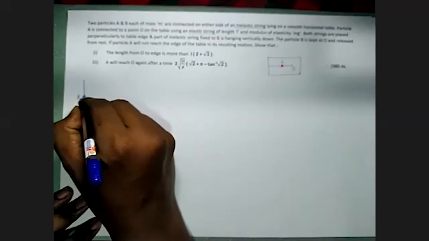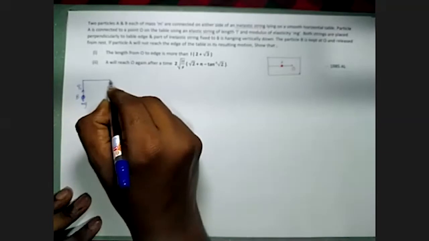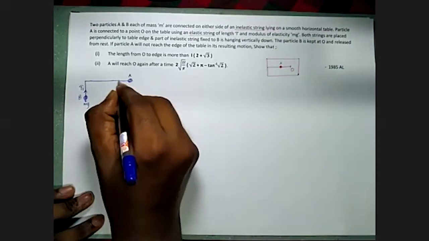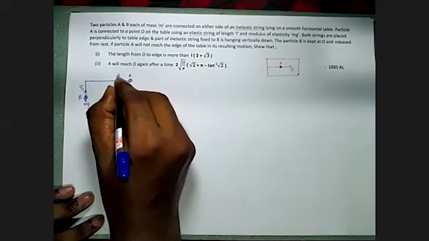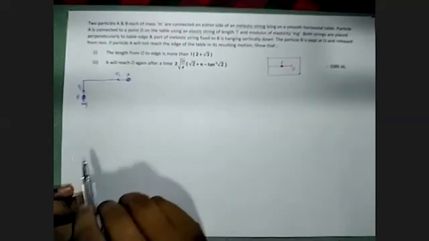This is particle B hanging down, weight mg, tension, let's take it as T1, because there are two types of strings with two different tensions. This is particle A, having the same tension because this is the same string.